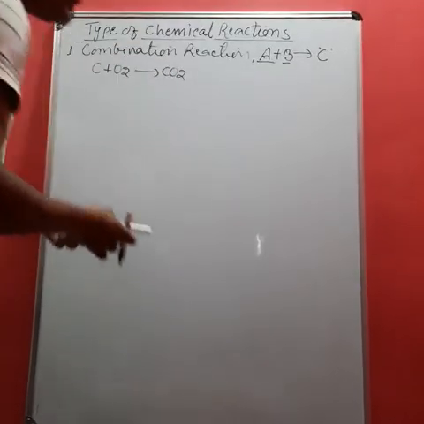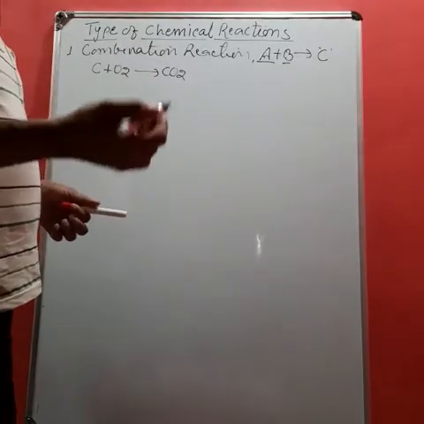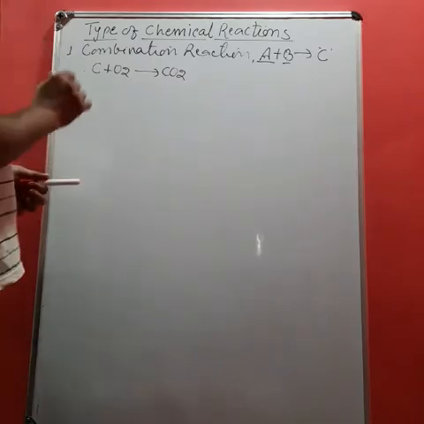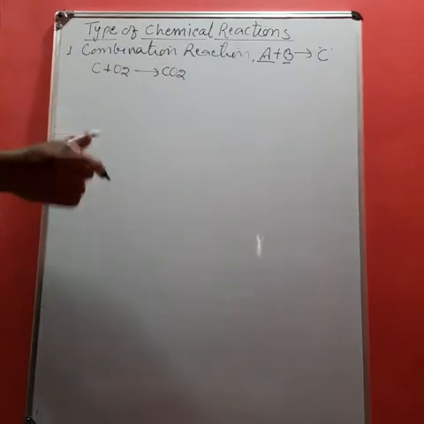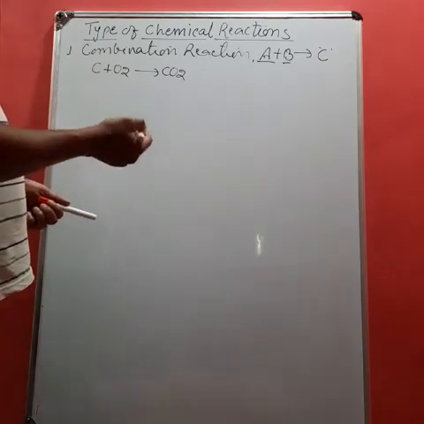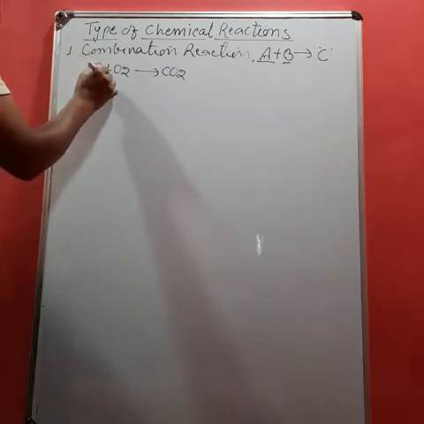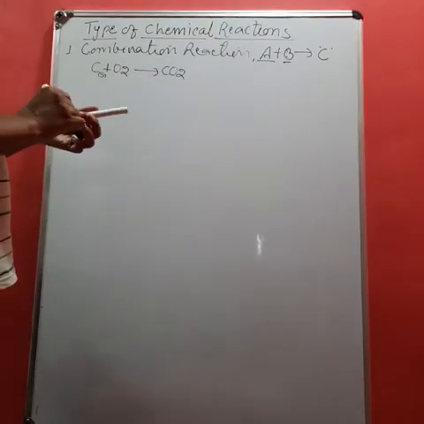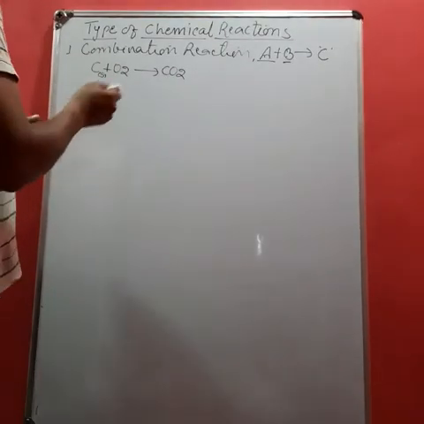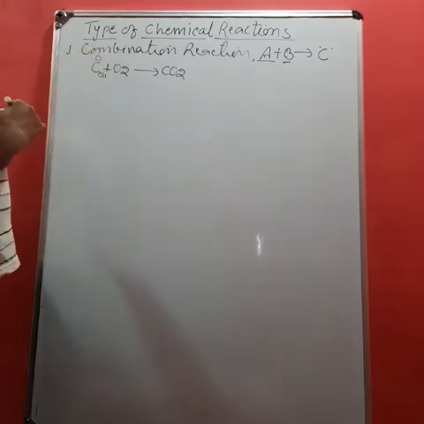Student, in terms of oxidation and reduction, let's check what happened in this reaction. To find oxidation number, we have to see the type of species. Here the carbon is present in solid form, and in solid form the oxidation state of a species is always considered 0.